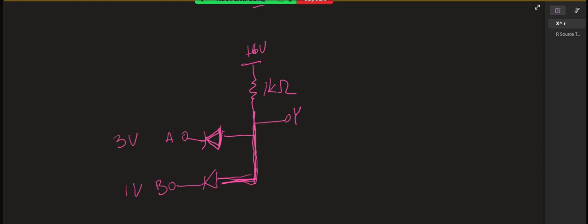We need to figure out the voltage at Y. So let's assume that the 3 volt diode is on. Then what does the voltage have to be at the other side of this?